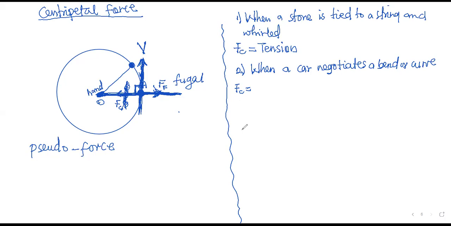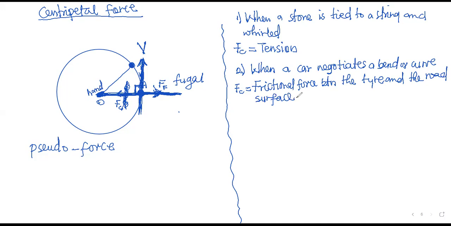Okay, so the centripetal force which keeps the car or the bicycle in circular motion? The friction between the tire and the road. Exactly. So the frictional force between the tire and the road surface. So here too, something is providing the centripetal force.